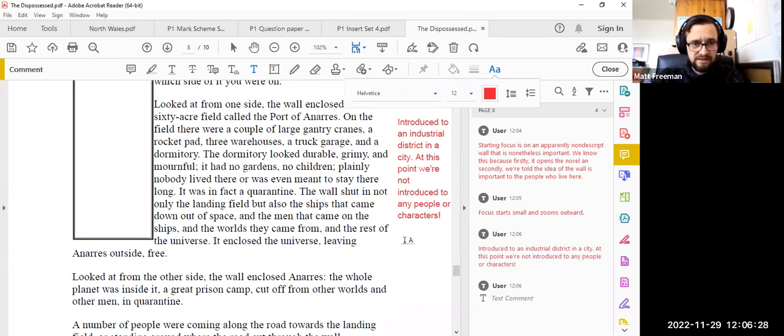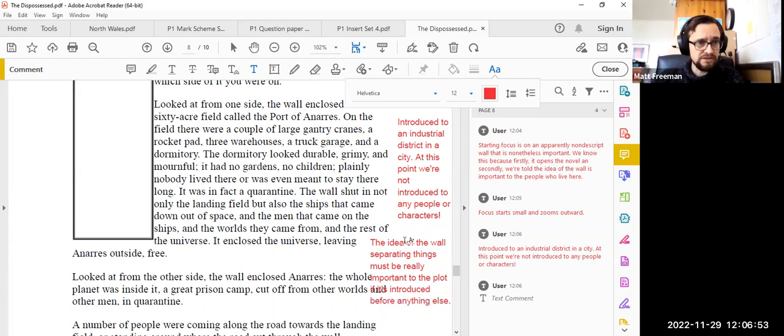I think personally the case for this is the idea of the wall separating things, the inside, the outside, must be really important to the plot if it's introduced before anything else.